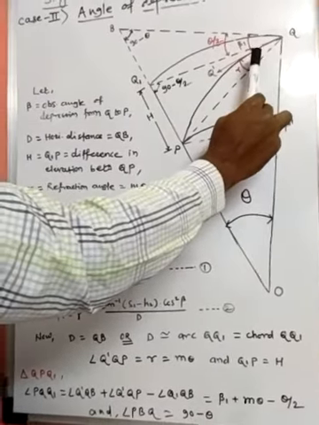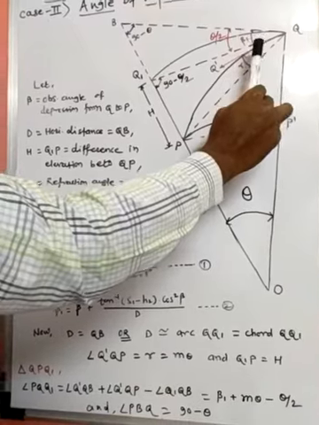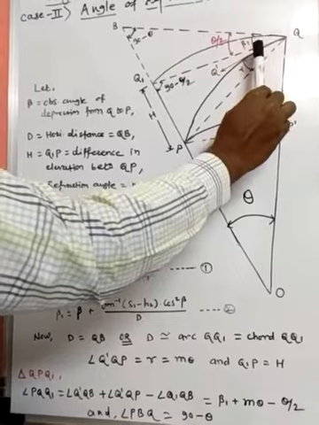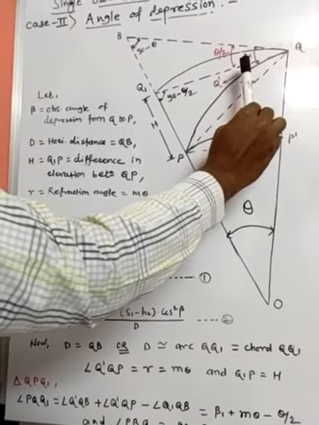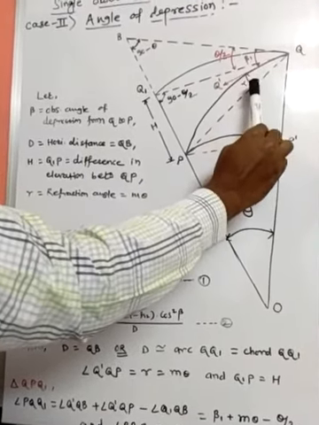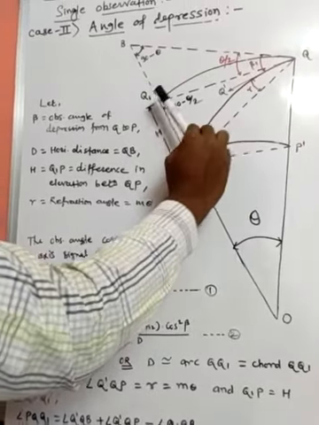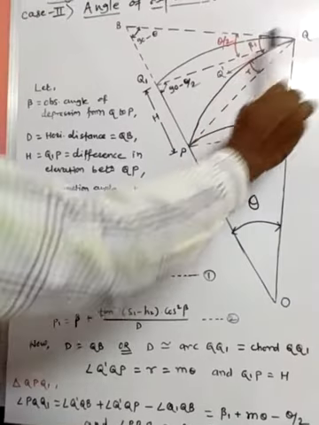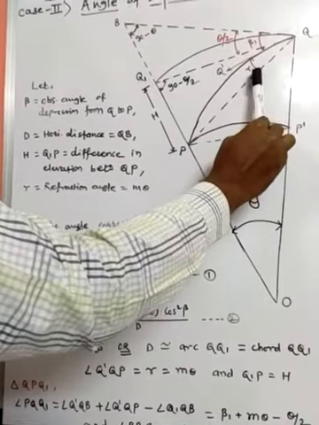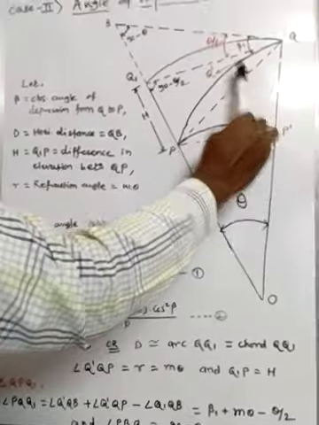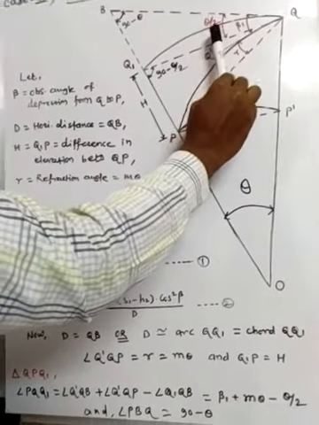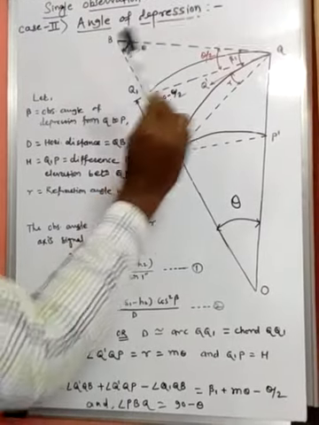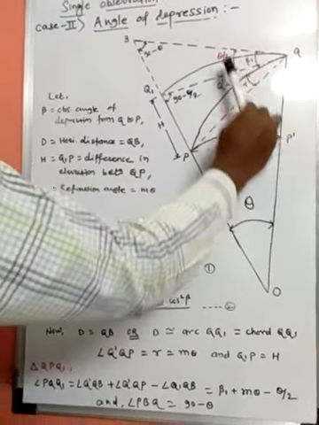This is nothing but the angle Q dash QB, this angle, plus this angle, which was Q dash QP, this one. That is beta 1 plus r, minus this angle. What is this angle? Minus this angle will be Q1QB. So this plus this minus this.